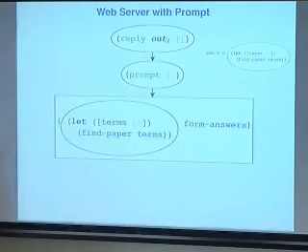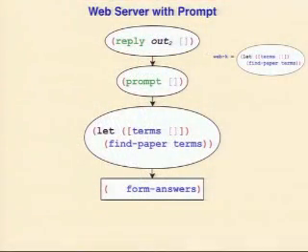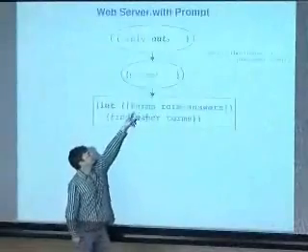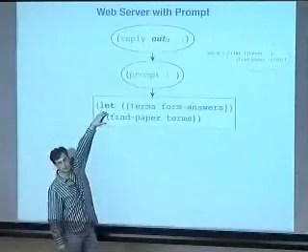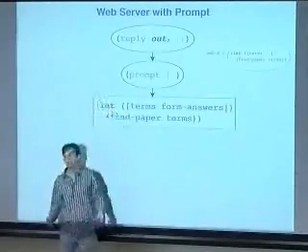It just extends it in this case. And now you see that the right thing is happening. So form answers is going to go there as the result. We got the answers back from the users, and now we can continue computing and find the paper. And when we get an HTML page from Find Papers, that's going to be sent back to out2 like it's supposed to. Okay. So what could be easier, right?